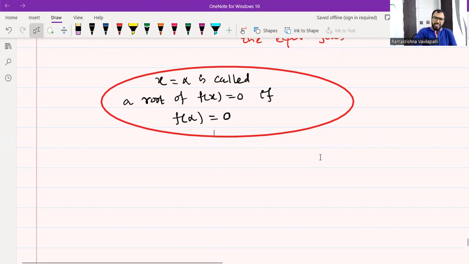In the next session, I will explain what the remainder theorem is and what the remainder is when a polynomial is divided by another polynomial. At the same time, how do we do the division of two polynomials?